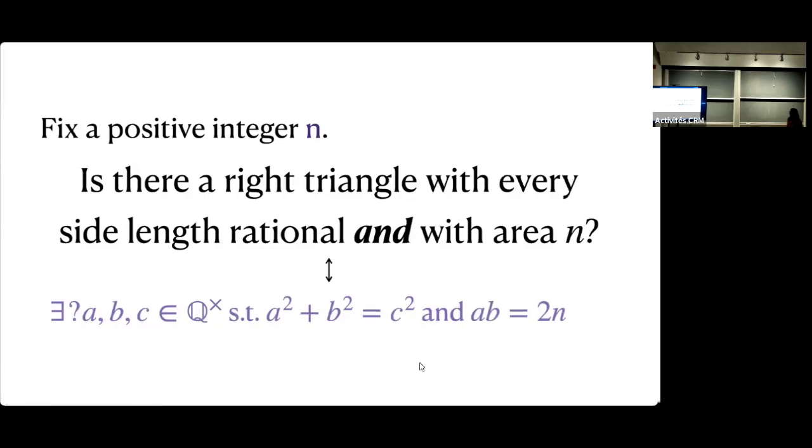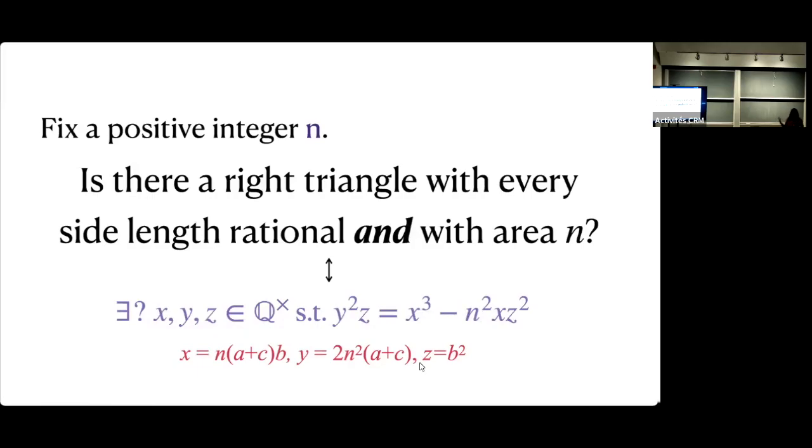Maybe some of you have this great idea in your head to make a very natural change of coordinates, and then you change it to a single equation. And you're asking now for x, y, and z all non-zero for this to be satisfied. And this answer, well, for some n, if I start with my 3, 4, 5 triangle, then that has an integer area 6.